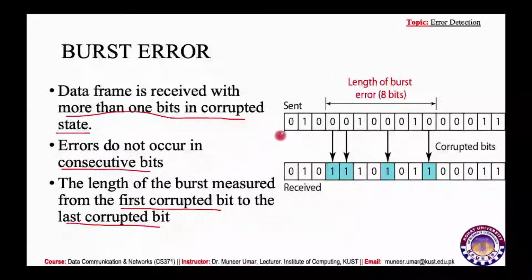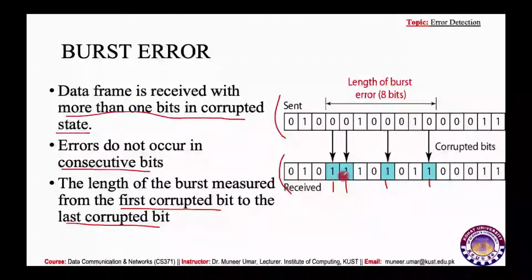So first thing, there might be more than one bits here. If we look into these bits that are sent and these that are received, some of the received bits are different from the sent bits. These are actually corrupted bits.